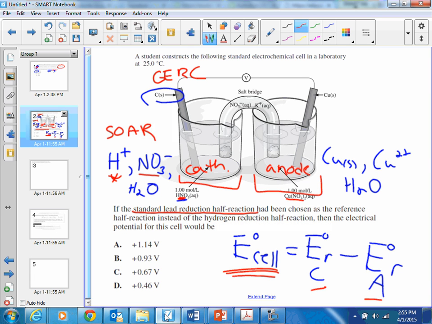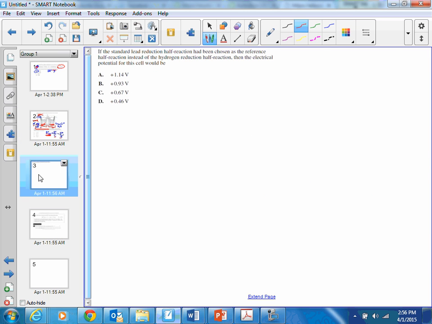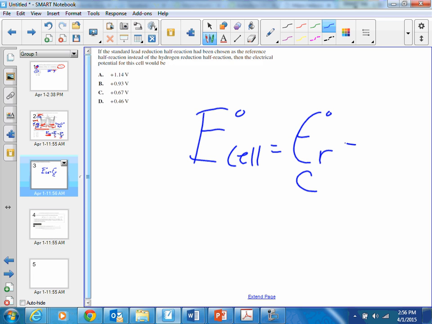But there's a little bit of a twist. We have to adjust the values to base it on having lead as our standard half reaction. So we'll set up the formula. Potential of the cell equals potential of the cathode minus potential of the anode.